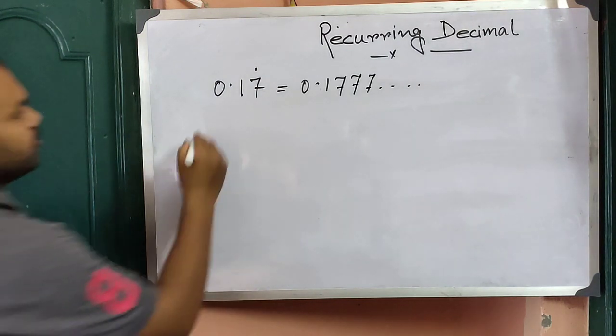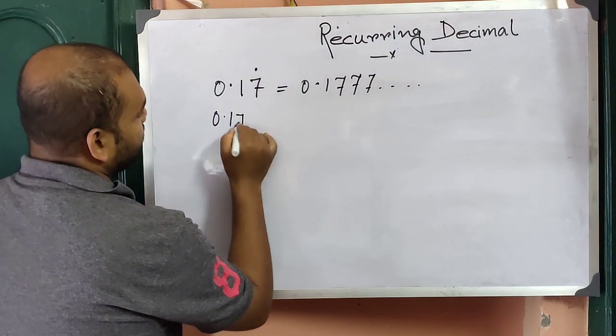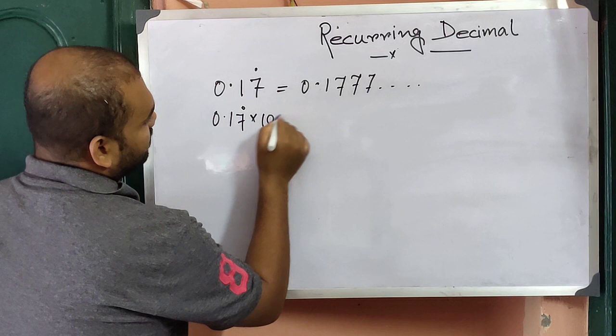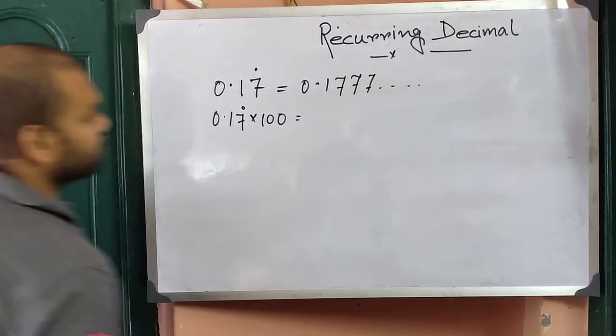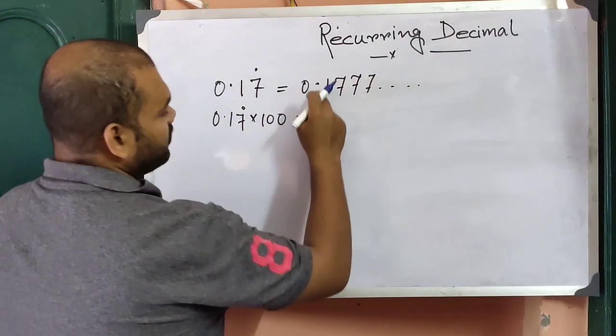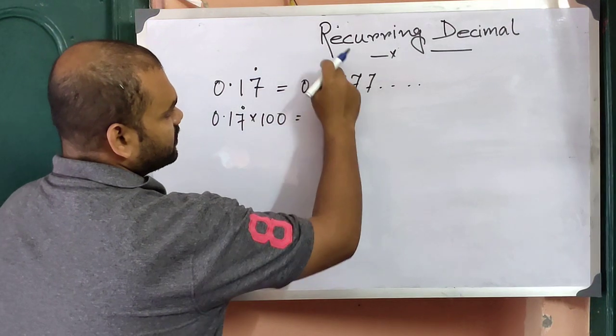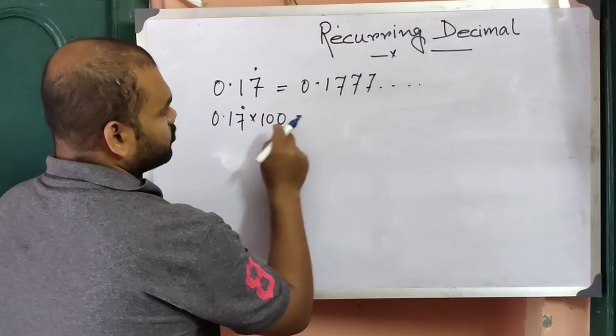So 0.17 recurring into 100 will give you 17.7777 and so on. How many places does the point shift? It is shifted by 2, because 2 zeros are there.